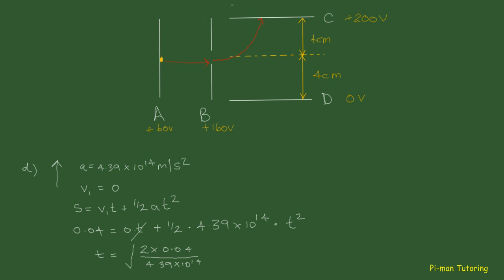So to get t, we simply have to take the square root of that expression. And if you do that, you will find that delta t, or the time taken to strike the plate, is 1.35 times 10 to the minus 8 seconds. Okay, so at that point we can move on to the very last part of the question, part E.